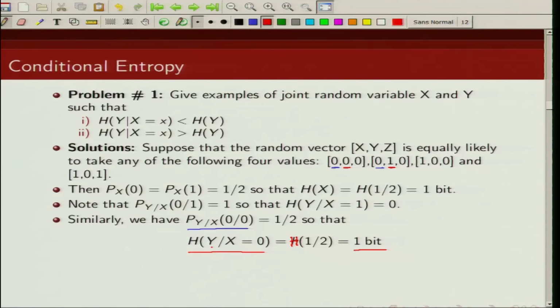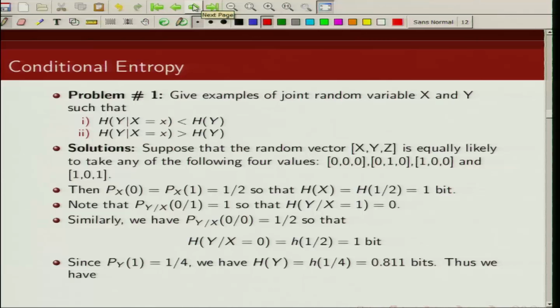We have shown that the uncertainty in y given x equal to 1 is 0, and the uncertainty in y given x equal to 0 is 1. Now let us compute the uncertainty in y. So what is y? Y is 0, y is 1, y is 0, y is 0. So the probability of y being 0 is 3 by 4 and the probability of y being 1 is 1 by 4.